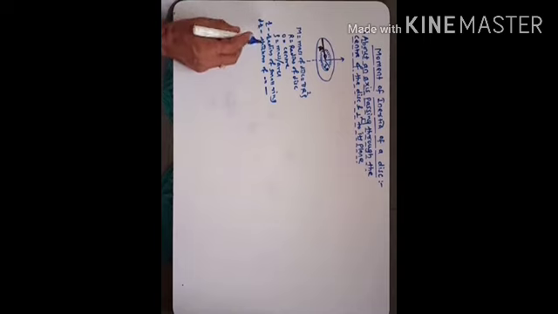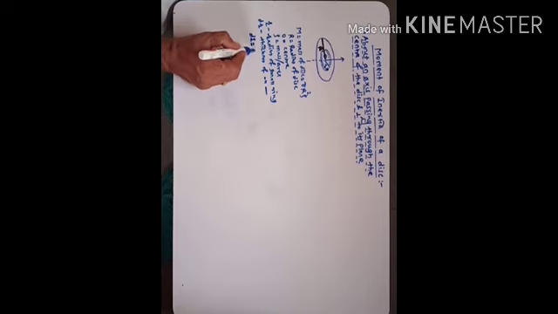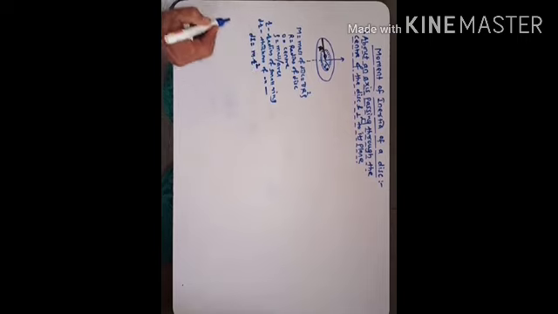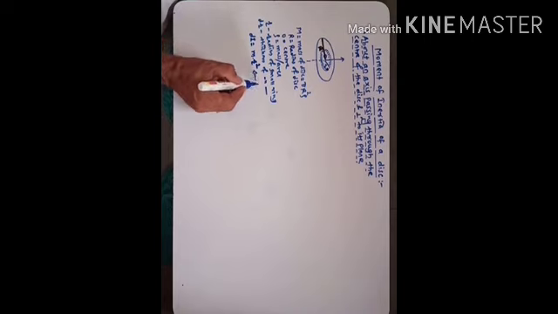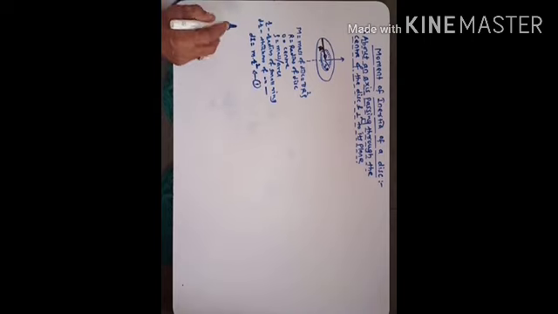Now we consider the moment of inertia of this small ring. Suppose dI is the moment of inertia of a small ring, then it can be written like this, that is m r square, where small m is the mass of the ring and small r is the radius of the ring. Suppose this is equation number 1. Then this m can be calculated like this.